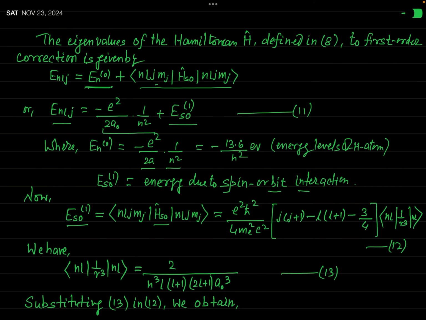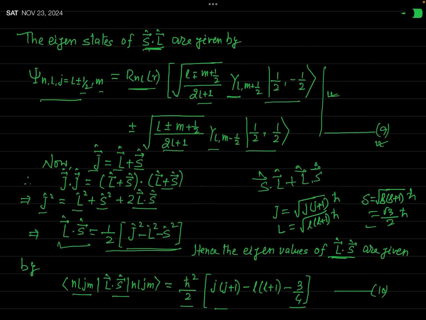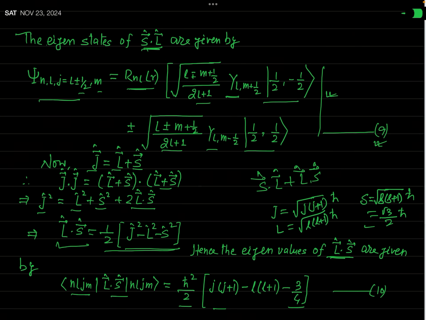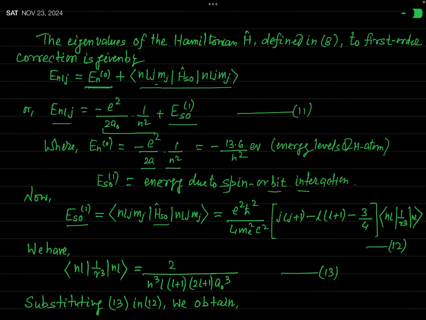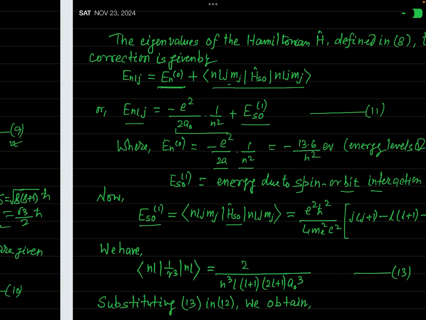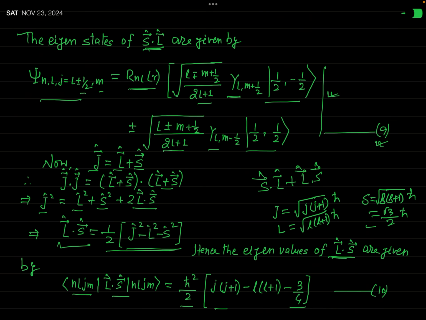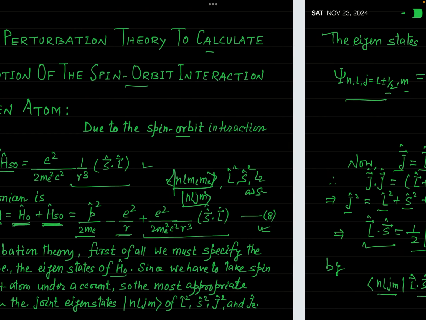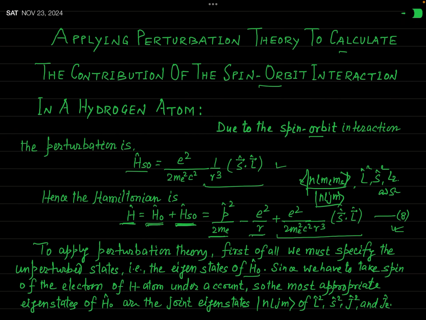And how can we find the expectation value of this? See here, the value of H SO, we have calculated the value. Yes, this is the value of H SO.